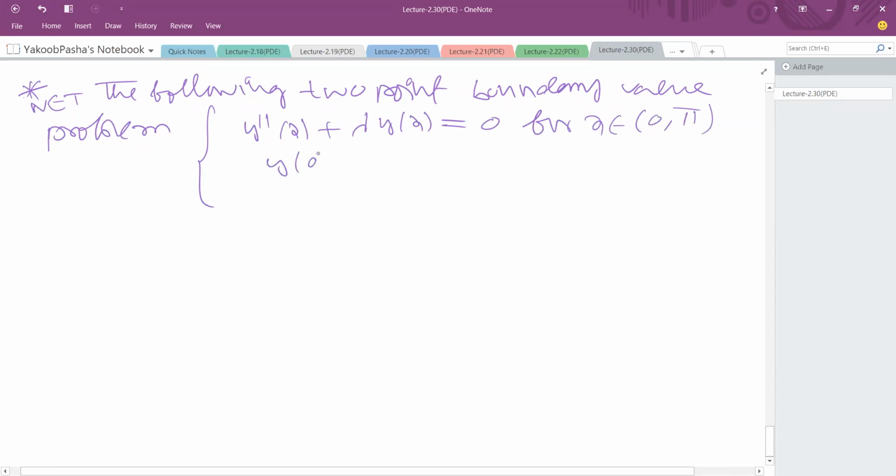And boundary conditions y of 0 is equal to 0 and y of pi is equal to 0.